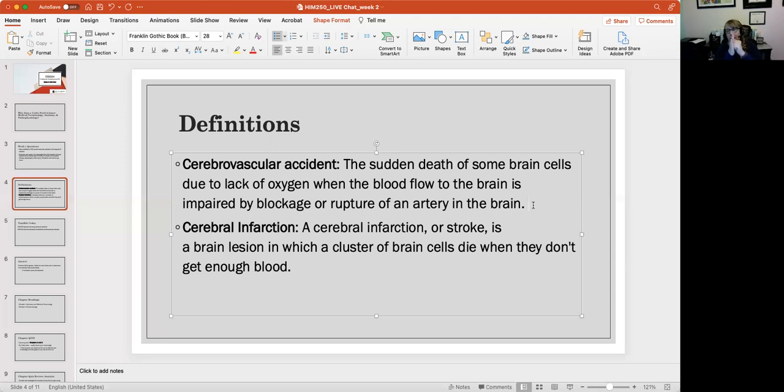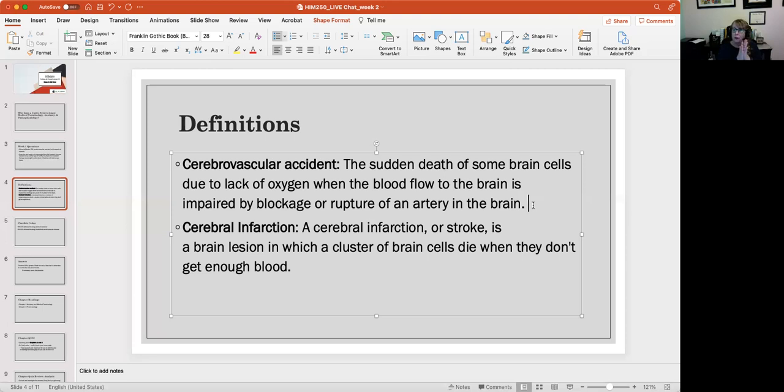When the thrombus breaks loose, it becomes an embolus, and then it floats along with the flow of the blood, which is bad, because that blood clot, once it gets to the lungs or the heart, is going to cause lots of problems. And in this case, it caused lots of problems in the brain.